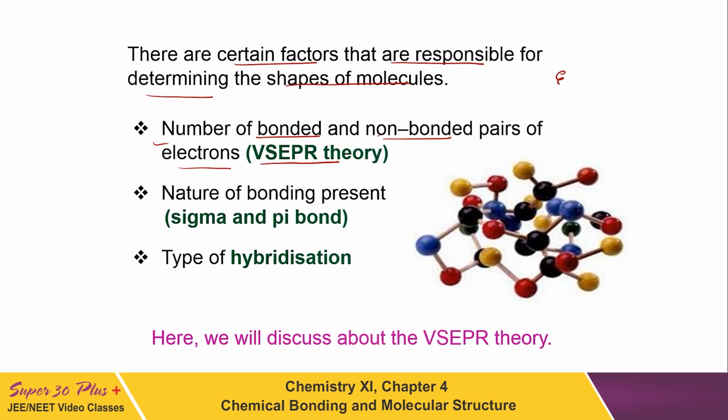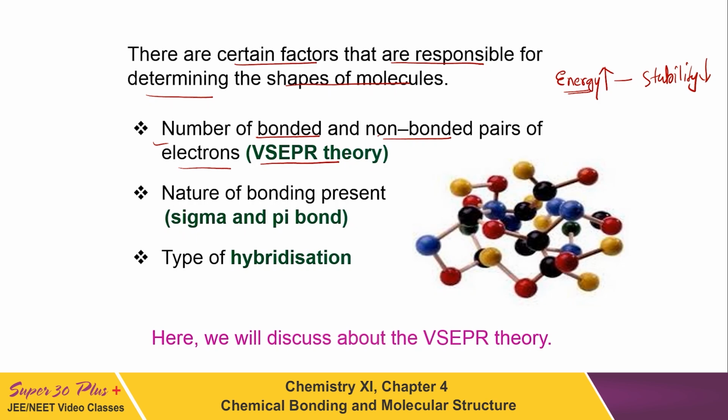When the energy of the system increases, stability will decrease, stability will go down. So in order to maintain the stability of the compound, the central atom arranges the outer electron pairs, and when I say electron pairs, I mean bond pairs and lone pairs as well.